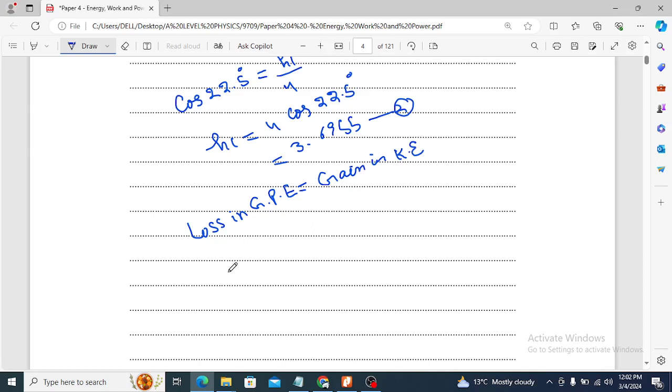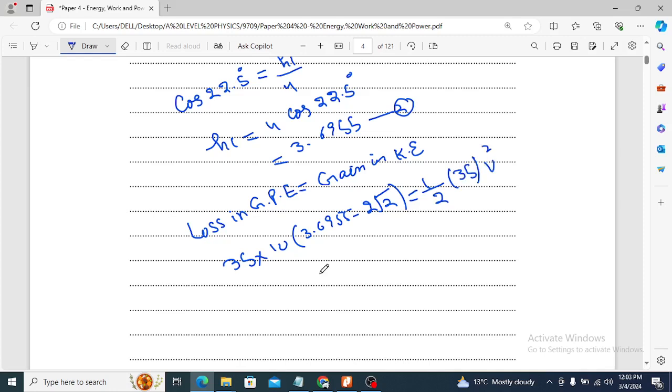So mgh: the mass is 35 into g, that is 10, and the difference of the heights, 3.6955 minus 2 into under root 2, equals half mv square. Mass is 35 and into v square.